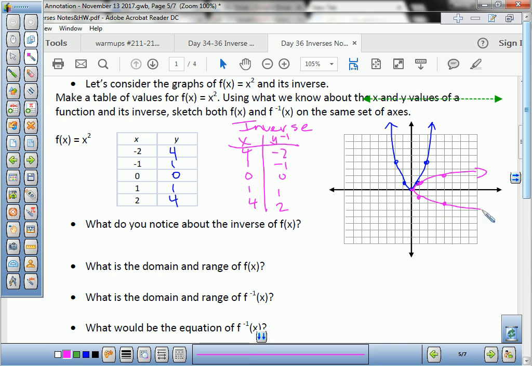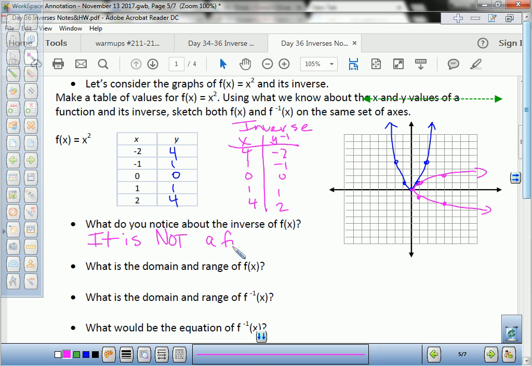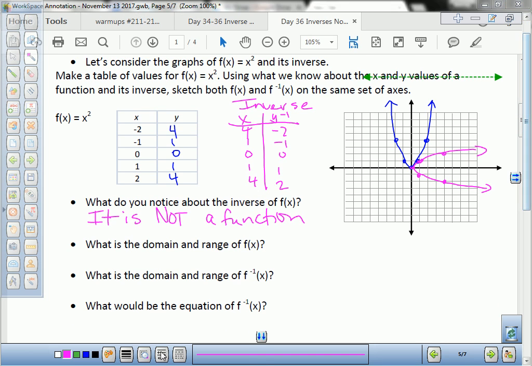All right, so what do you notice about the inverse of f of x? It is not a function. All right, then it talks us through some things. Now, remember we talked about when we switch the x and y, what does that do to the domain and the range?